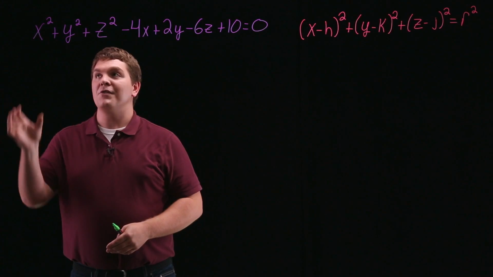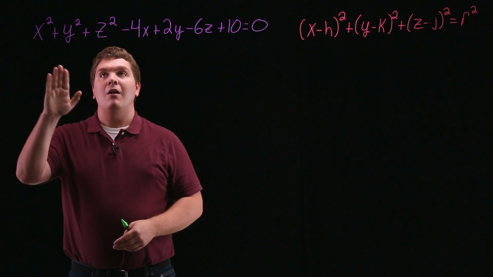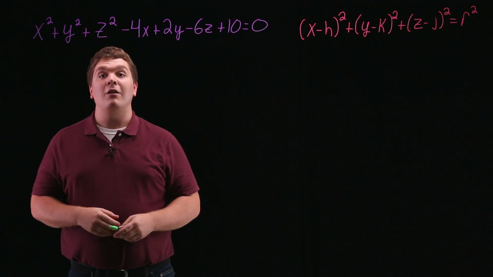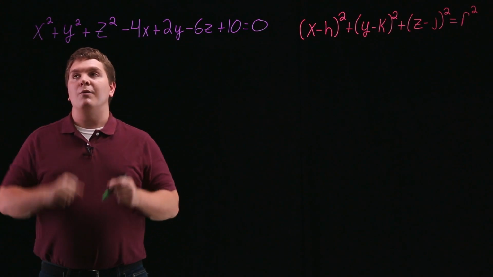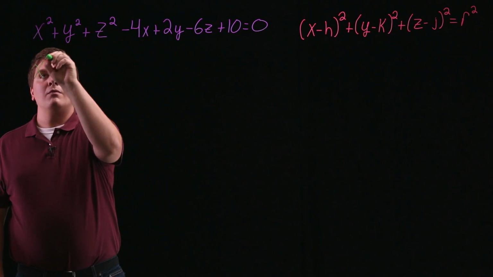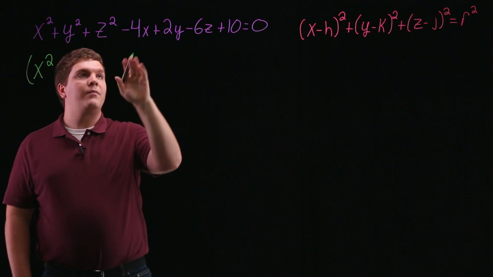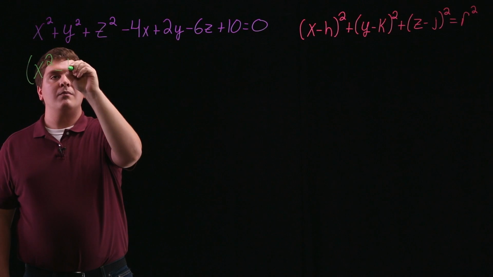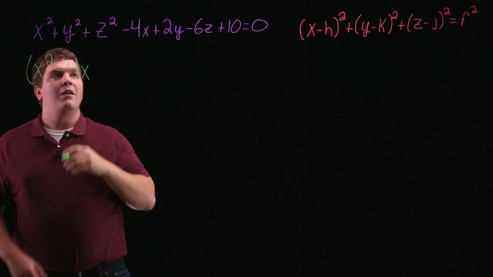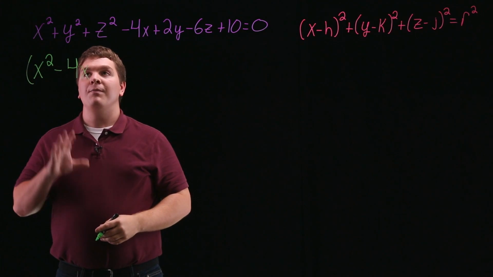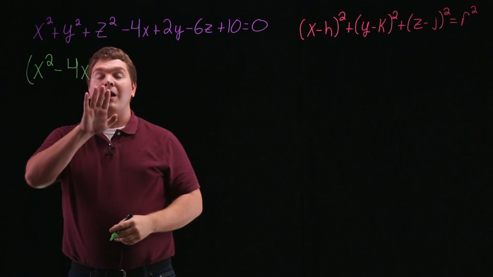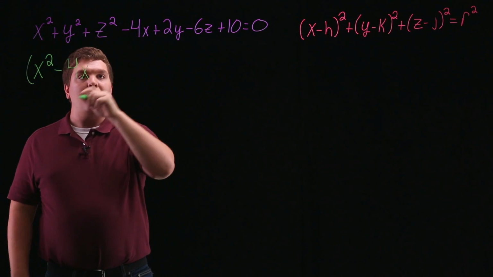Let's begin by first grouping all of the x terms together, all of the y terms together, and all of the z terms together. So we'll have x squared minus 4x, and that's all for x. Since we're going to be completing the square, I'm going to leave a little space to the right of 4x.